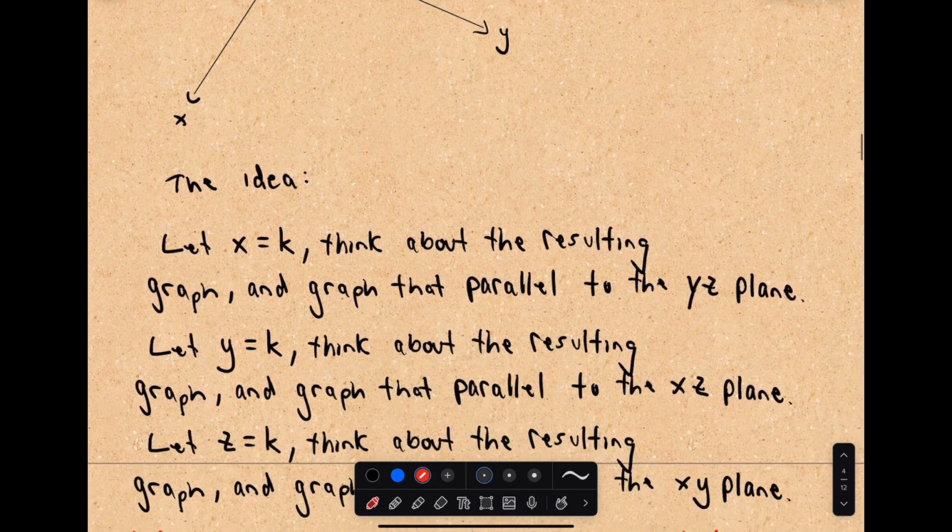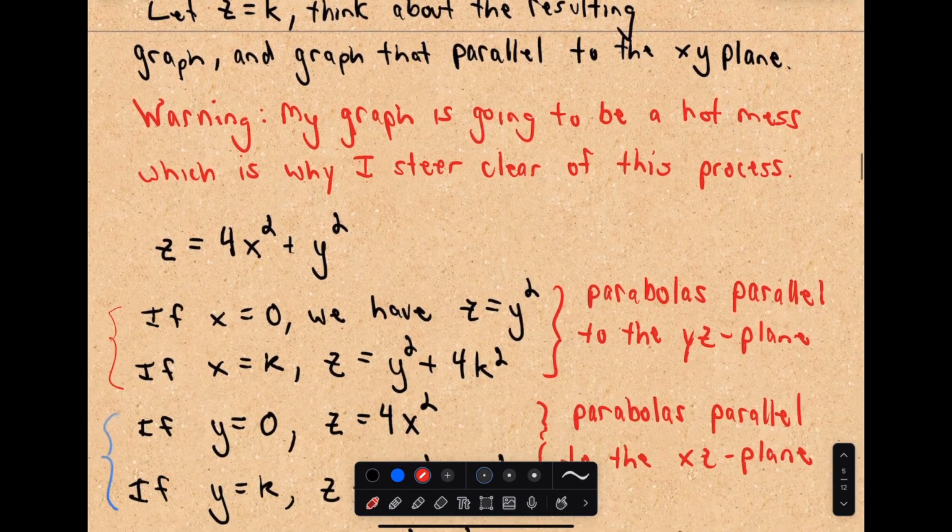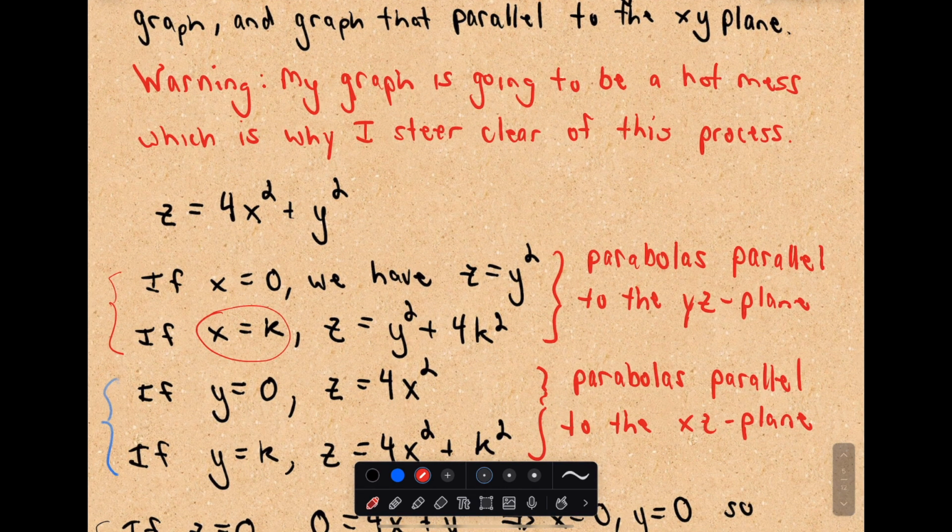Well, what happens if we use something more generic? For example, just x equals k. Well, here I reordered it. Well, we would have z equals 4k squared plus y squared, or equivalently, z equals y squared plus 4 times k squared. So all this is, again, going to be a parabola, right?